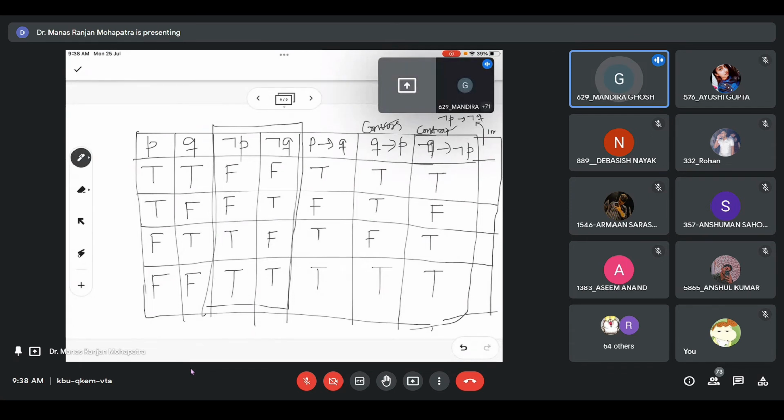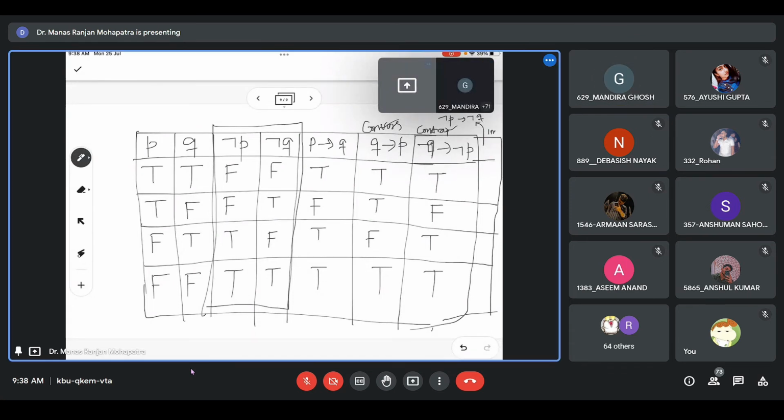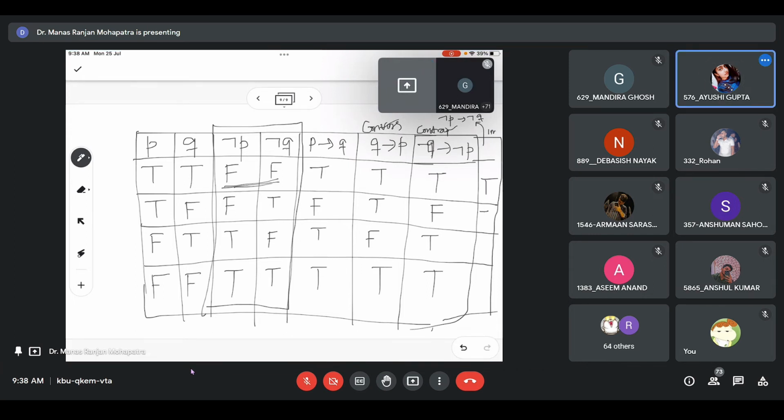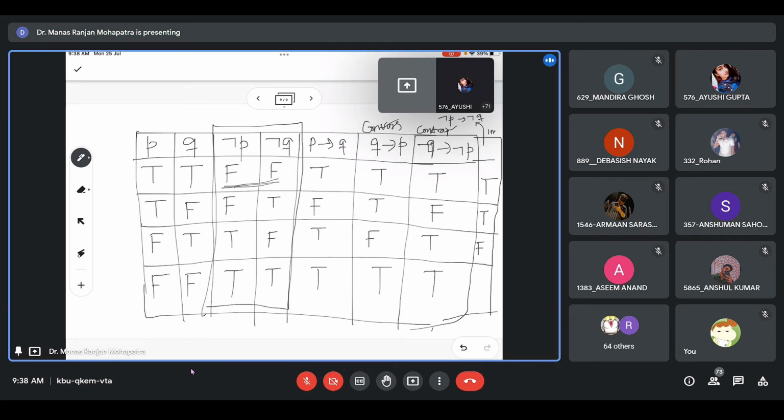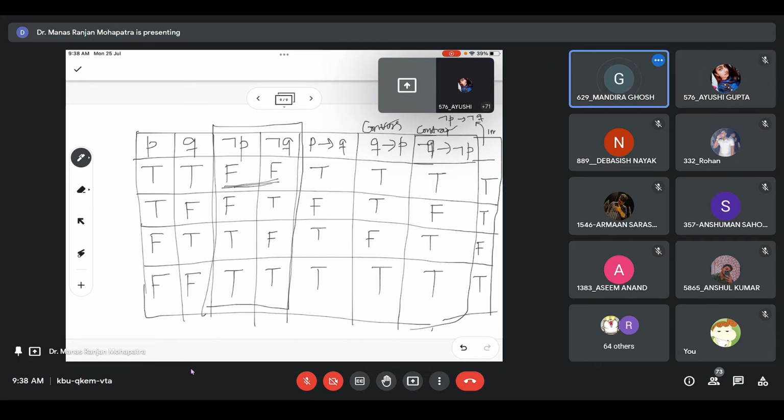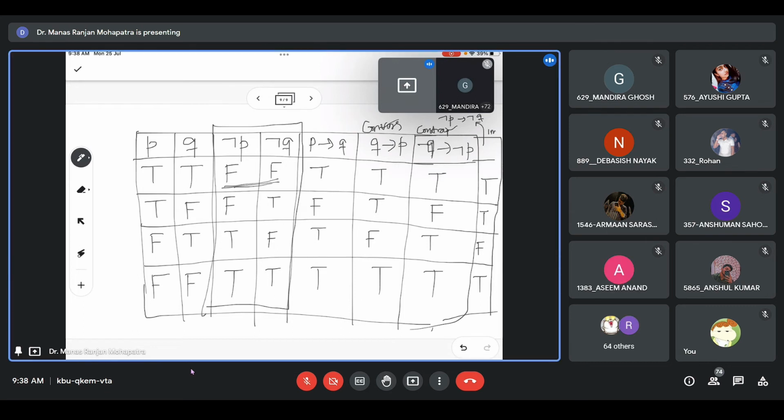It might be the converse only. How? It is negation P implies negation Q, right? So here I have false and false. Now in this case it is true. False, true, it is true; false, true, true, and true. So is it the same as the converse?